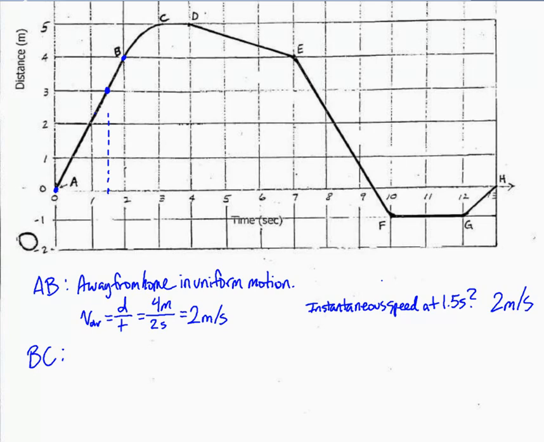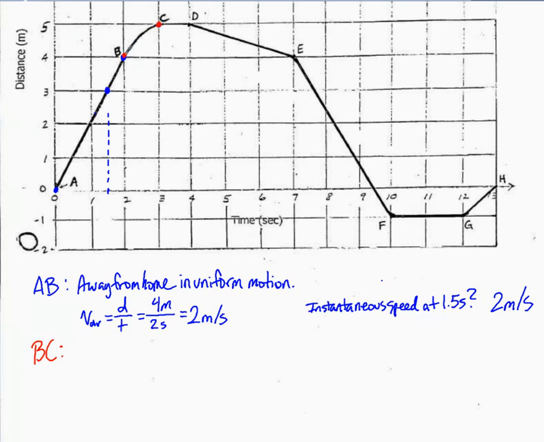From B to C, what's going on with this graph? So we are looking at from this point to this point. You know what? Let's make these different colors, make them look a little different. Okay, all right, from B to C. So from right here to right here, what is going on?